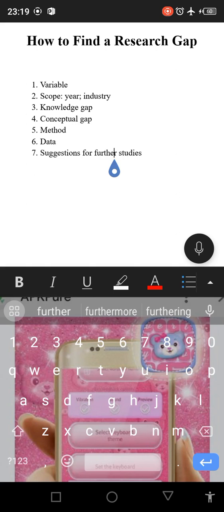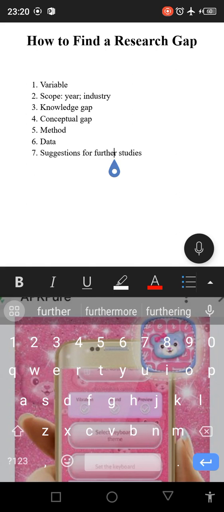So the more gaps you identify and fill, the more relevant your study is to your field of study. You understand? The more relevant, the more useful it will become for other researchers or scholars coming up later to write in that particular area that you've written on.